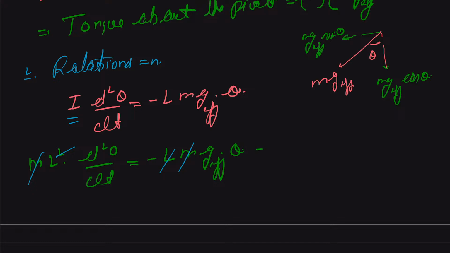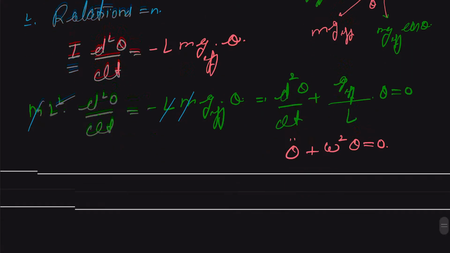Therefore we get the double derivative of theta plus g effective divided by L times theta equal to 0, which is nothing but our standard SHM equation, theta double dot plus omega square theta equal to 0.